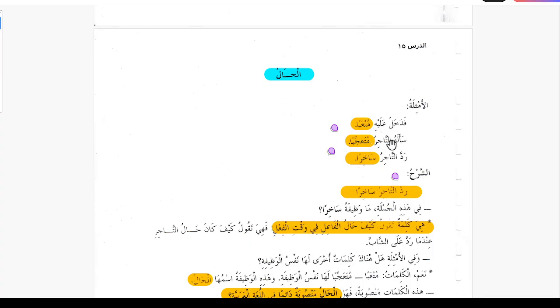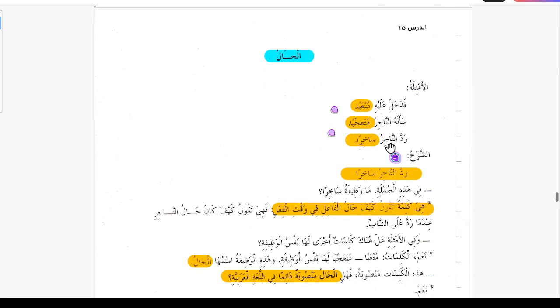So in what condition did the doer, the fa'il, ask him? He asked him surprisingly, in surprise. Radda al-tajiru sakhiran, the merchant responded mockingly or sarcastically. So that tells the condition, the state of the merchant who is the fa'il.